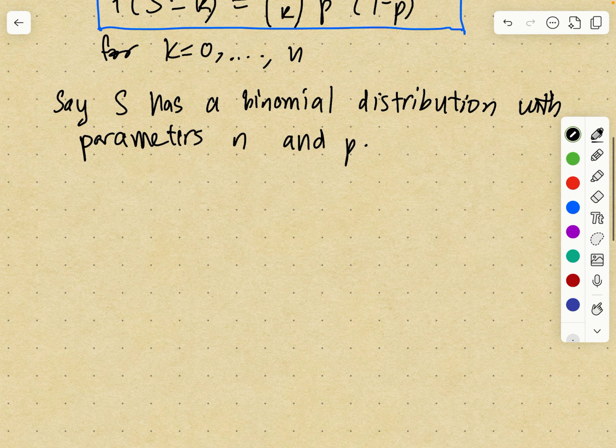So then we have the Poisson distribution. The Poisson distribution is another discrete probability distribution.